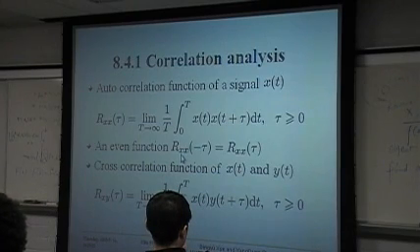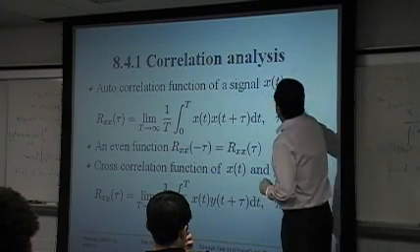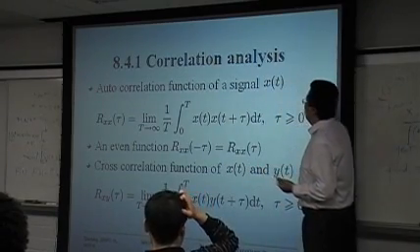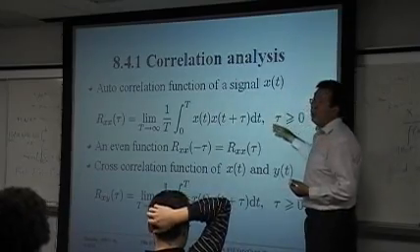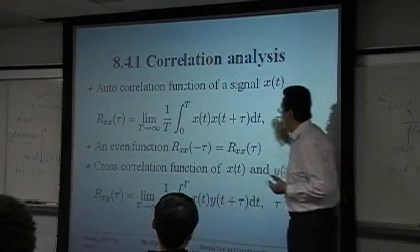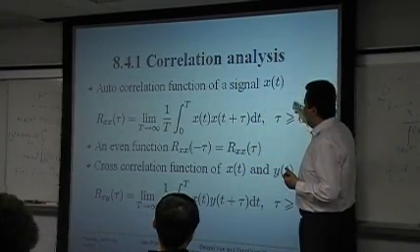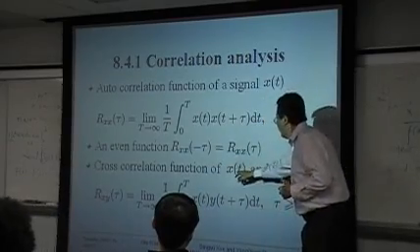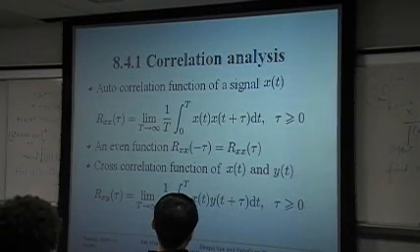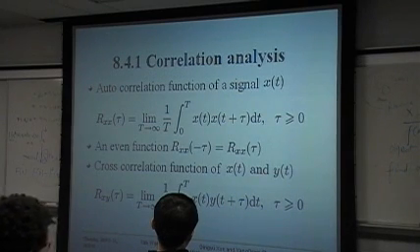In mathematics, we know that if a signal function x(t) is given, then the autocorrelation of the function is defined like this. So this is the mathematical form. And the cross correlation function of two functions x and y is defined like this. From the formulas, it can be seen that this will ask you to solve integration problems and limit problems.